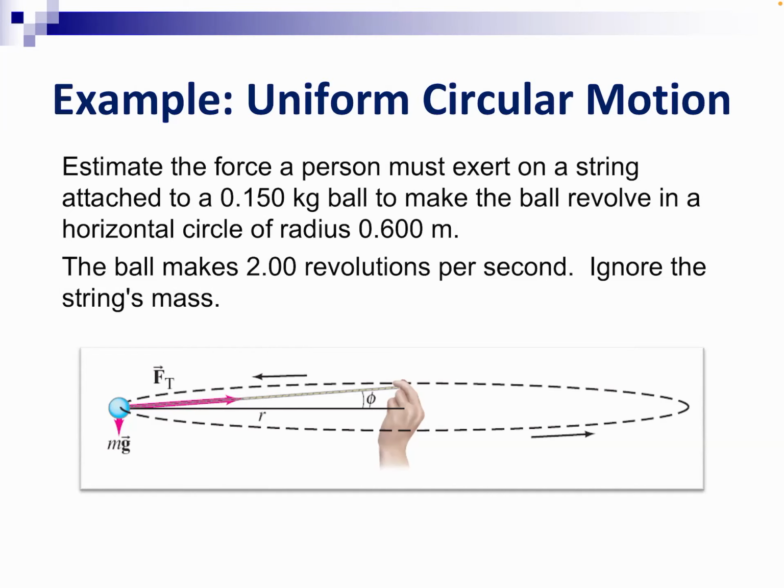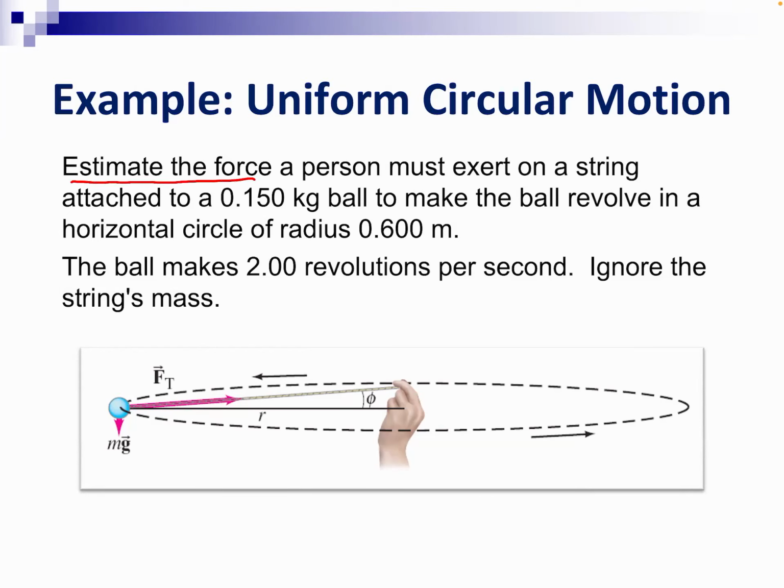But if you don't pull quite enough, if you don't apply enough tension, it will not rotate in this uniform circular motion fashion. And so this is what we want to estimate in this problem.